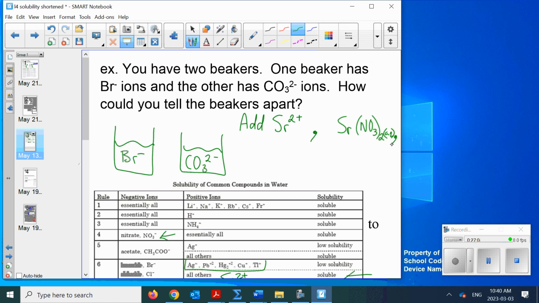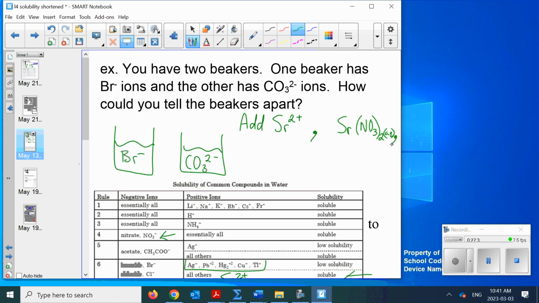So that's what we're going to add. You're writing this answer, because I'm kind of giving you a recipe so you know how to use it. And add Sr2+. You're going to tell me the nitrate chemical. That's a good key question. That would work. We'll just get plain old strontium.